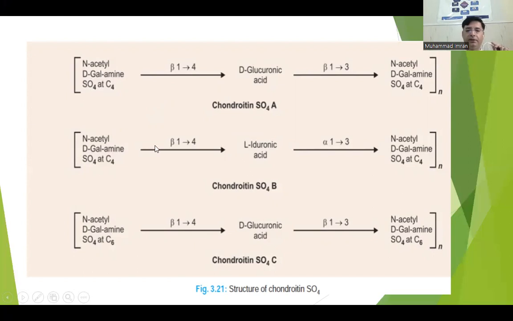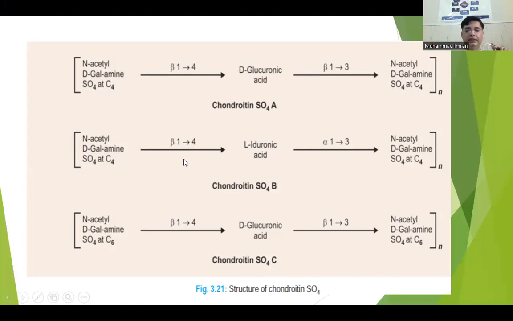Then we have type 2, meaning B type, N-acetylgalactosamine, and the difference is that glucuronic acid is replaced with iduronic acid in chondroitin sulfate type B. And another difference with respect to type A, one linkage is beta 1,4, the other linkage is alpha 1,3.